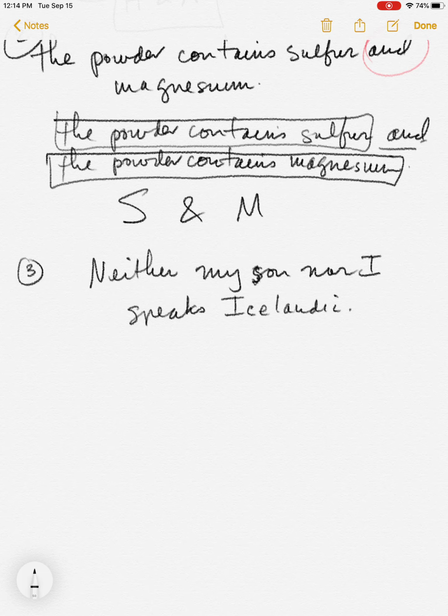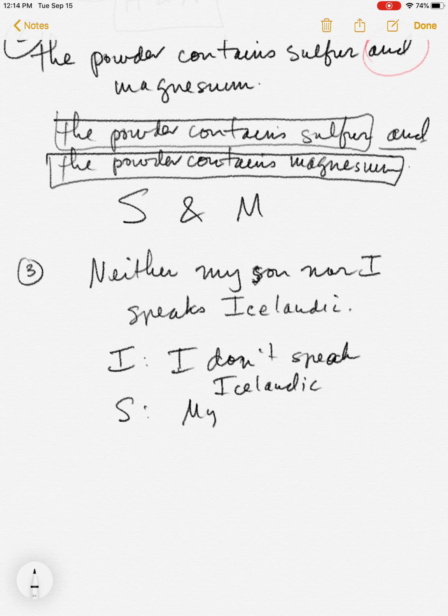So we would have, say, I stands for I don't speak Icelandic. And when you do translations, you really do need to supply a dictionary because different people might choose different sentence letters to stand for different things. So I stands for I don't speak Icelandic, and S stands for my son does not speak Icelandic.